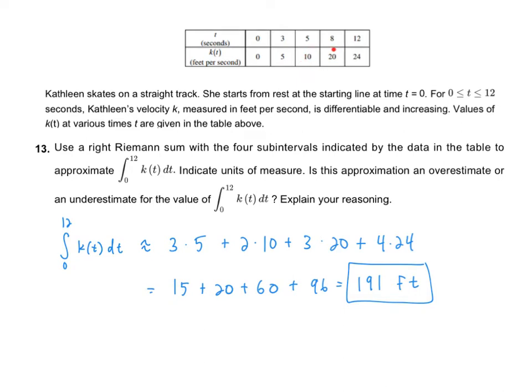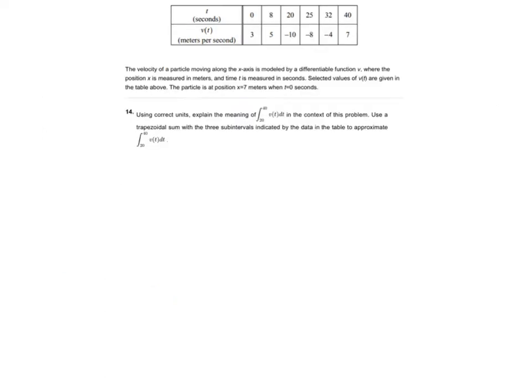The next one was 10 and 20, and we used the bigger one. So if we're always using the largest value for the height in each subinterval, then it's going to be an overestimate. They also tell you it's increasing, and that's going to be true anytime you have an increasing function: the right Riemann sum is always going to be an overestimate, and the left is going to be an underestimate.